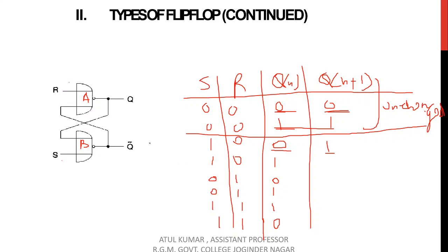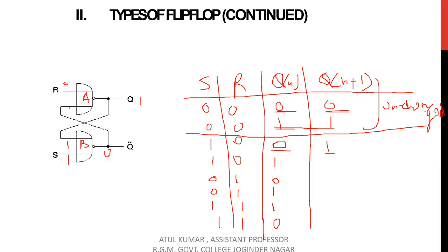So the next input is S is equal to 1 and R is equal to 0. The previous state output here is 1. So 1 is given as an input to the second NOR gate, so the output here becomes 0.